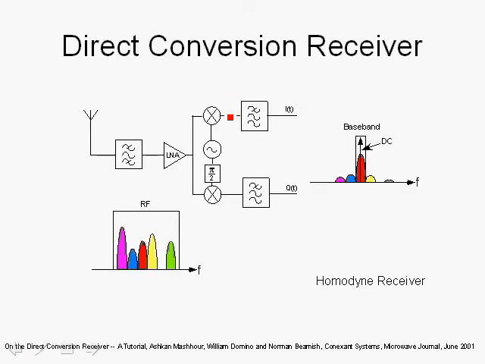Here we show the architecture of a direct conversion receiver in a very simple block diagram form. The key component, of course, after the antenna is the low noise amplifier that has to have a very small noise figure and relatively high gain. After the LNA, we have two mixers, one for the in-phase channel and one for the quadrature phase channel.